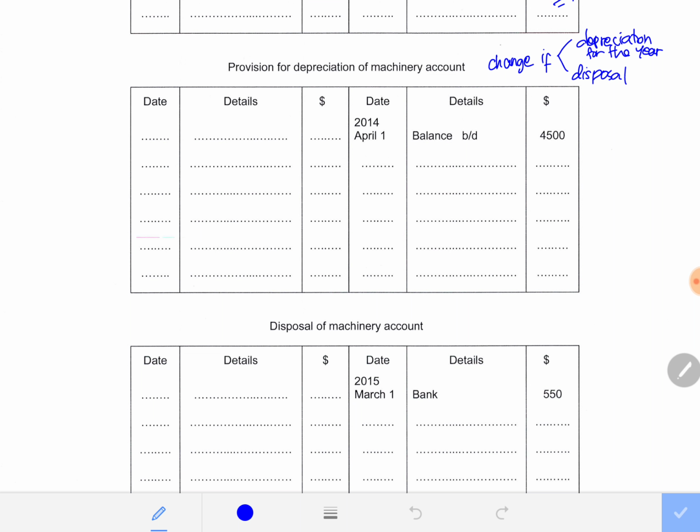Depreciation for the year will be recorded in the credit side, but disposal will be recorded in the debit side. It will always be like that, because if there is a disposal, it will decrease the provision for depreciation of the assets that you hold, because it is no longer on your hand, so you have to erase it from the book. Meanwhile, depreciation for the year will increase provision for depreciation, because provision means accumulation.